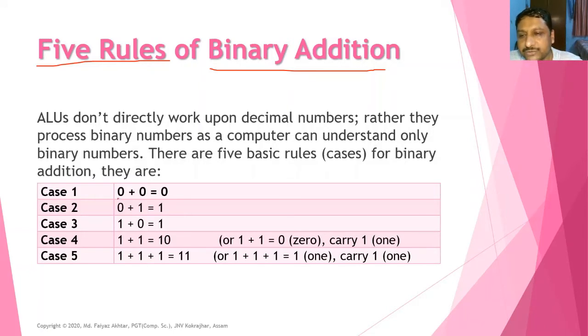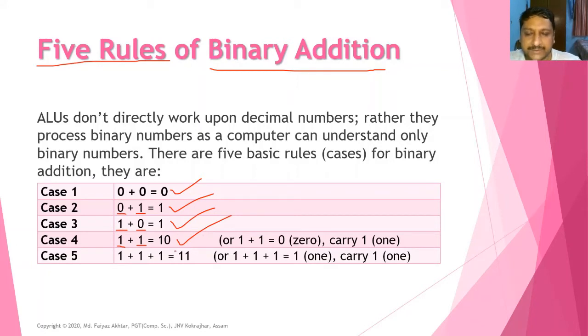If we add 0 to 0, it will become 0. If we add 0 to 1, then it will become 1. If we add 1 to 0, then it will become 1. And if we add 1 and 1, then it will become 10, not 2.